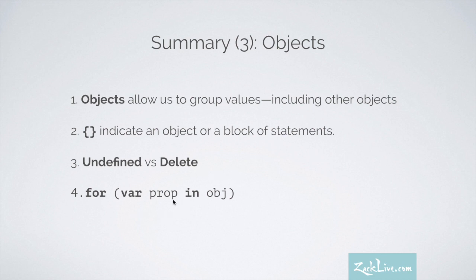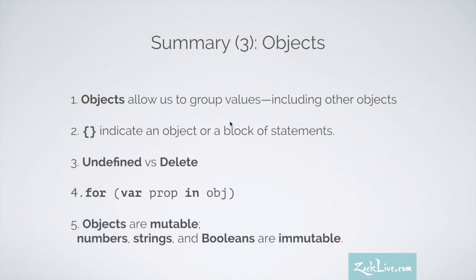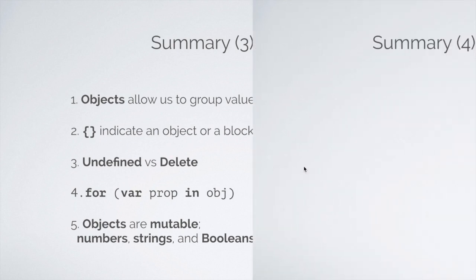We learned the for in loop to loop over all the properties within an object. We also need to remember objects are mutable. You can add a property or delete a property, but numbers, strings, and booleans are immutable, which means you cannot add or remove any properties from them.